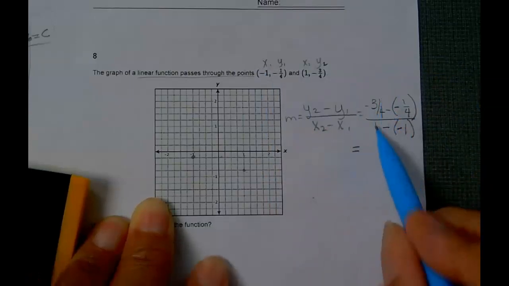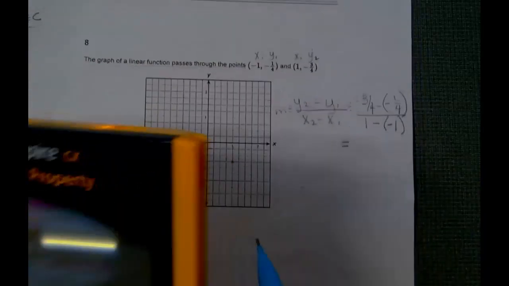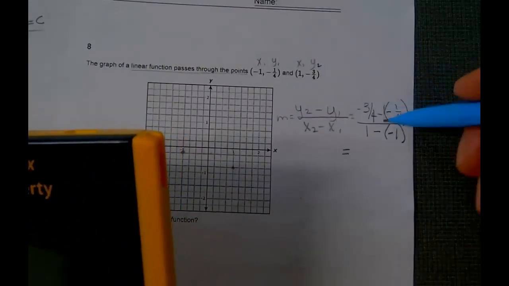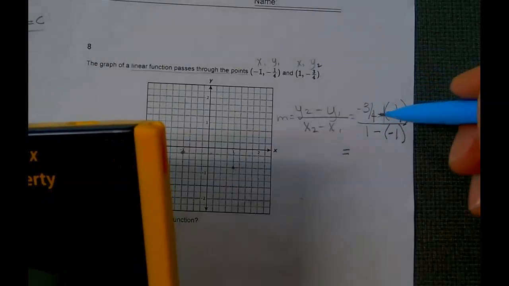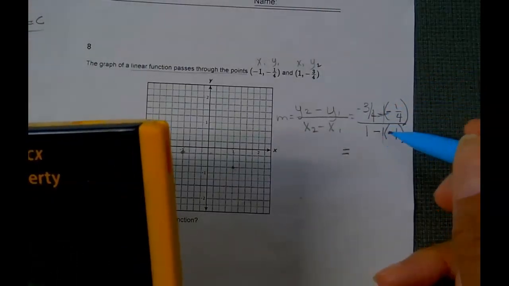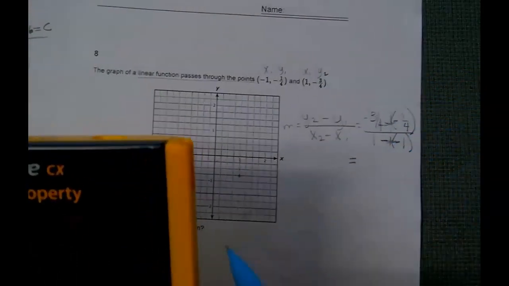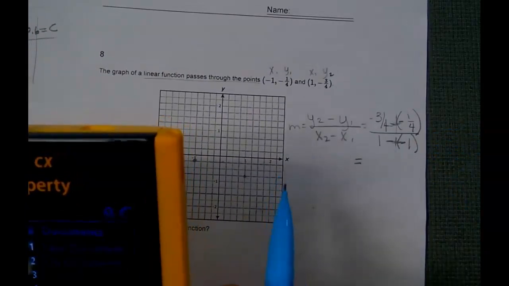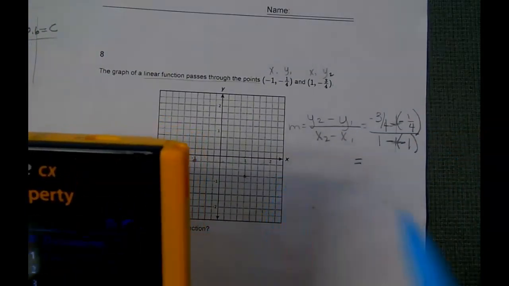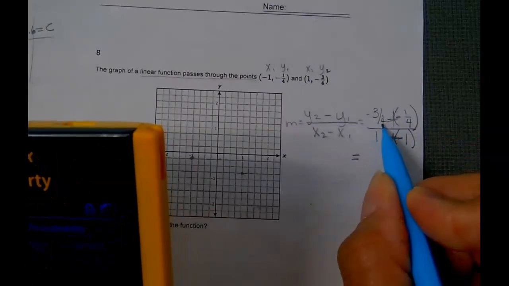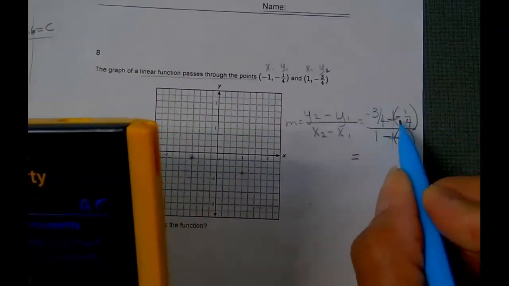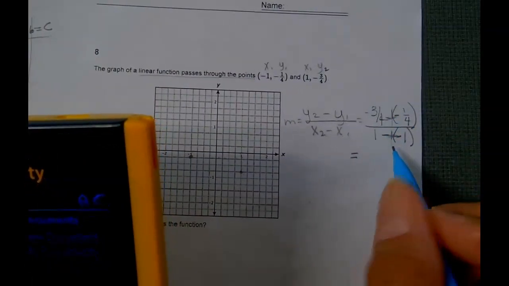So now, put this in the calculator. Remember when I tell you guys, you can make this a plus, make this a plus. That was one of the little tricks you can do.